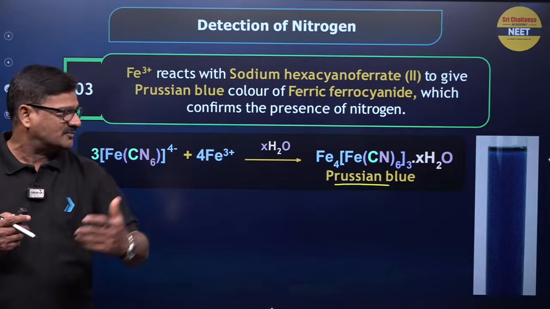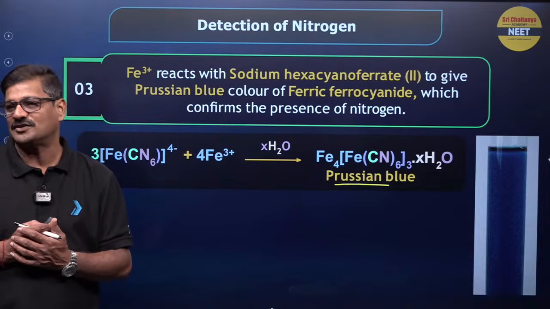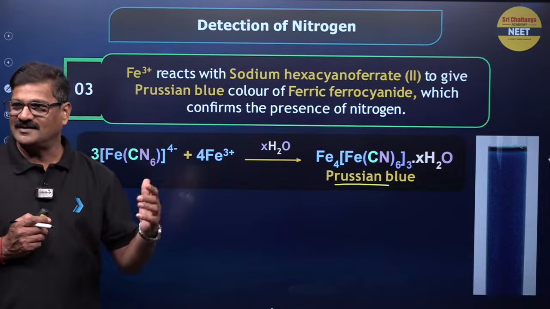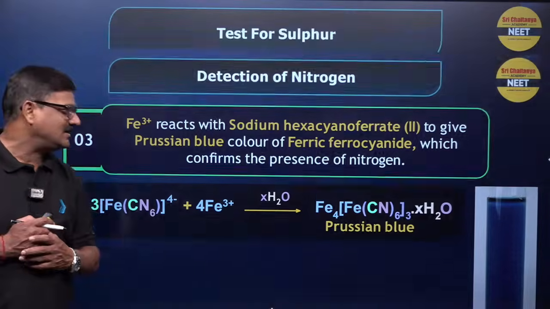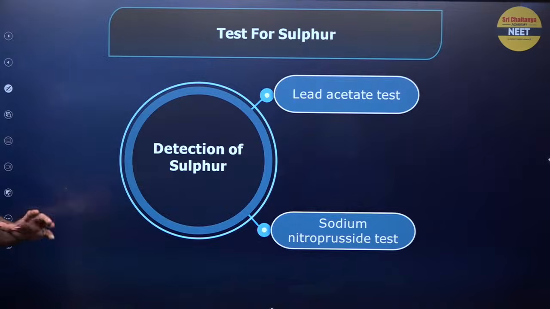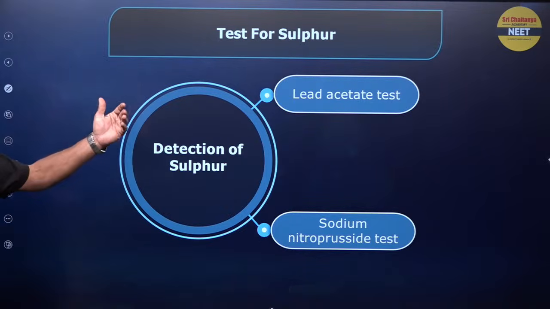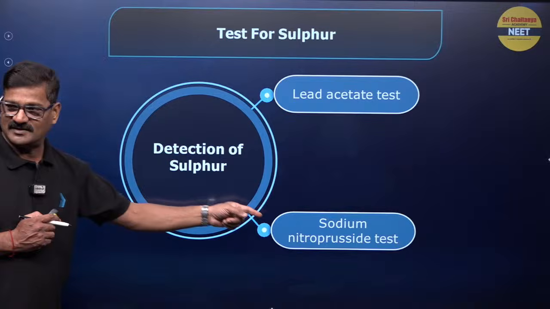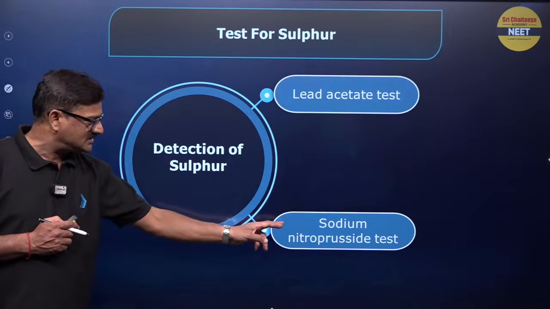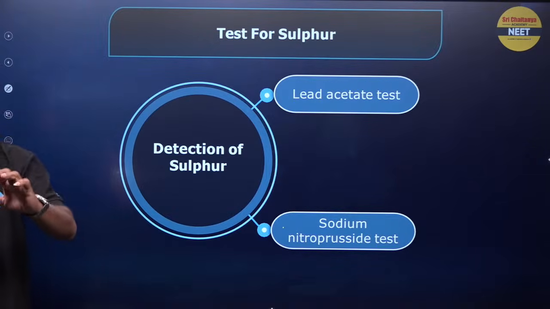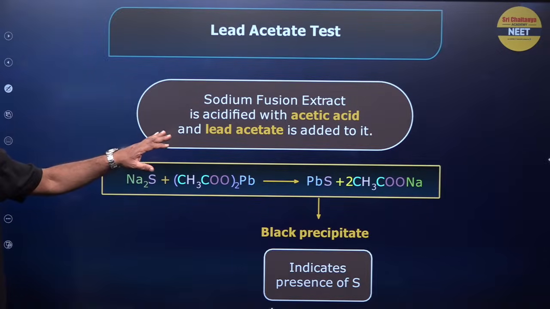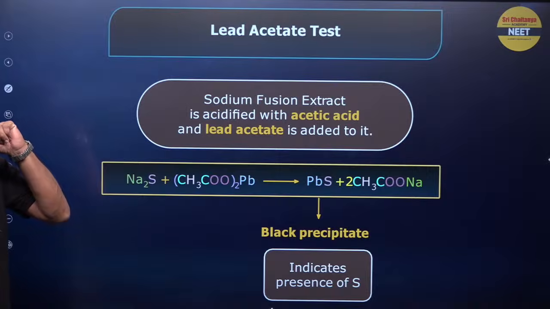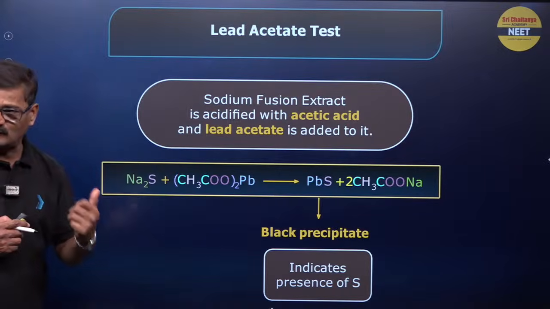Ahead, I also want to give you organic reactions. Okay, and you see, that is how Prussian blue is formed, right? And one more, detection of sulfur: you can have a lead acetate test and sodium nitroprusside test. Sodium fusion extract is acidified with acetic acid and lead acetate is added to it.